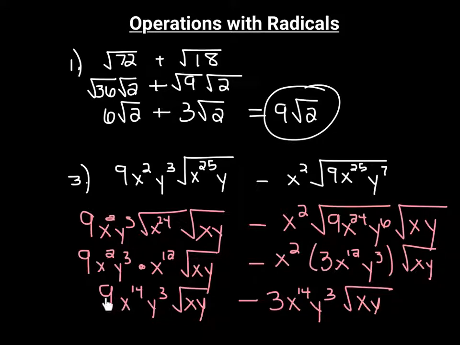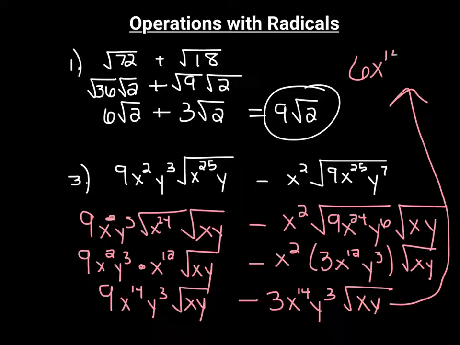So since 9 minus 3 is 6, I actually can't fit this on my screen, so I'm going to take this and bring our answer up here. Sorry to do that. But again, since 9 minus 3 is 6, I'm going to be left with 6, and then just attach everything to it. x to the 14th, y cubed, radical xy.